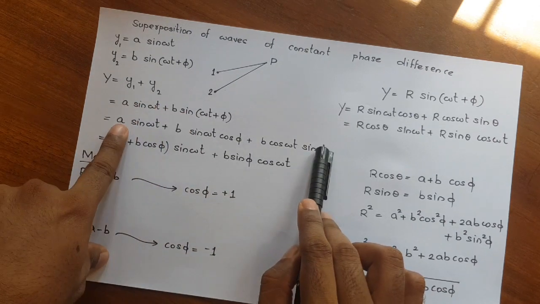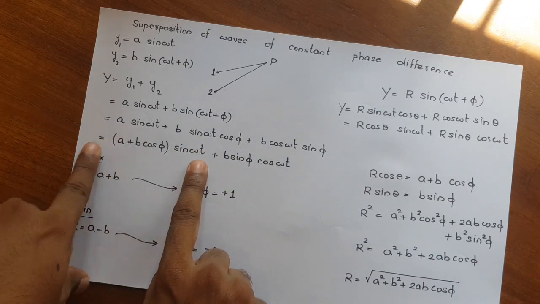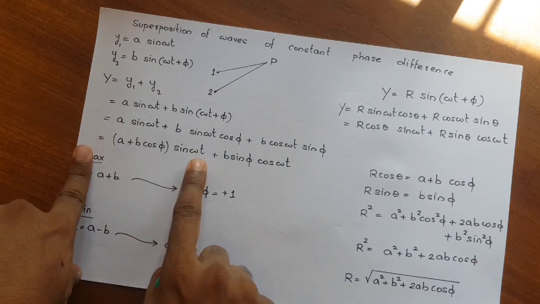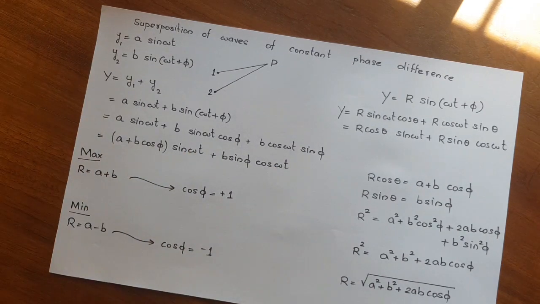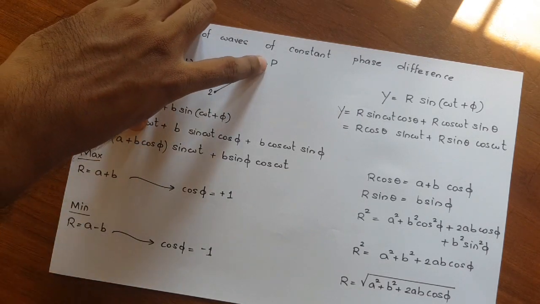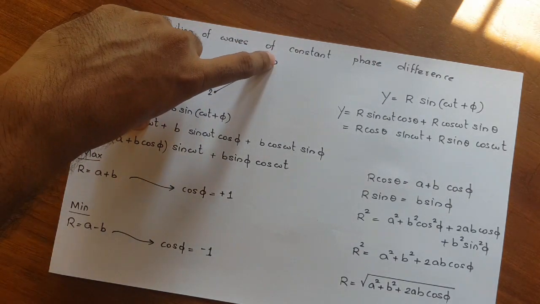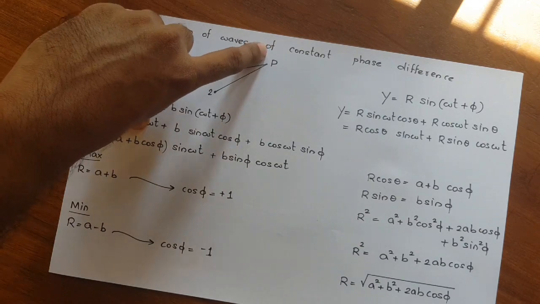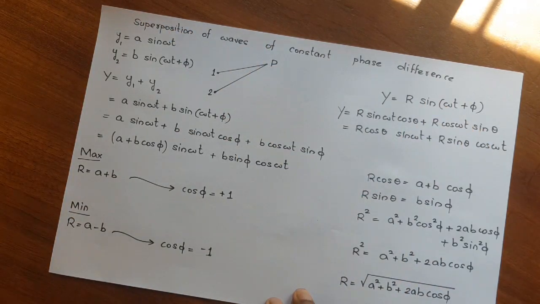So that is expanded, and from these two terms sin omega t can be taken common. So I guess this equation is pretty much clear. Now, the beauty of using the sinusoidal equation is that it is a sine wave which is going from point 1 to P. It is another sine wave that is going from point 2 to P. The beauty of this equation is that even the resultant equation will be yet another sine wave.